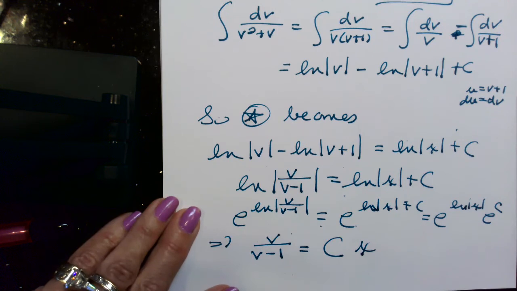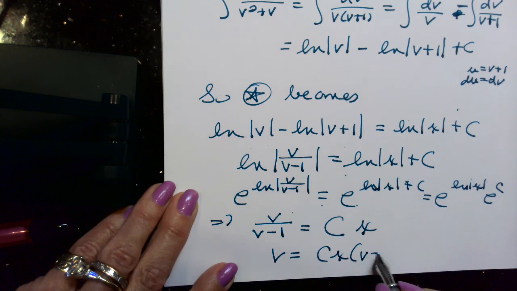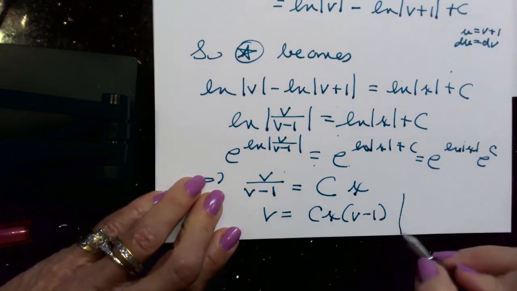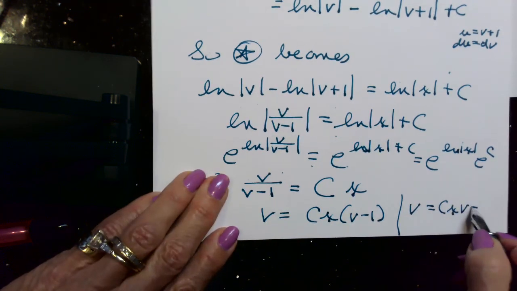So we are still not done. We have to solve for v. So this says that v is cx times v plus 1. So v is cxv plus cx.